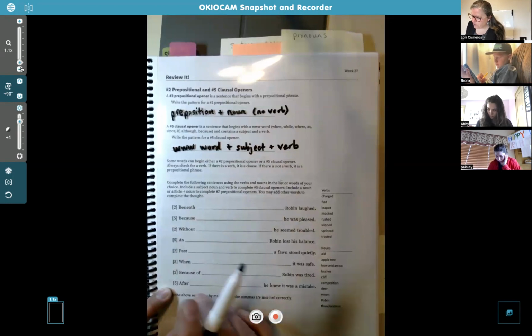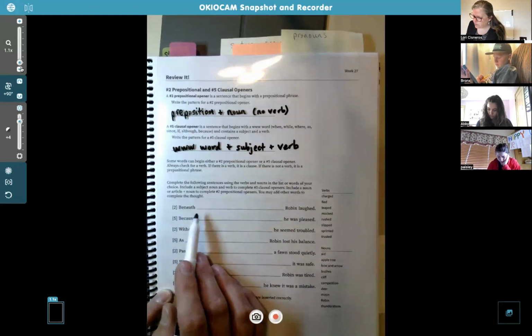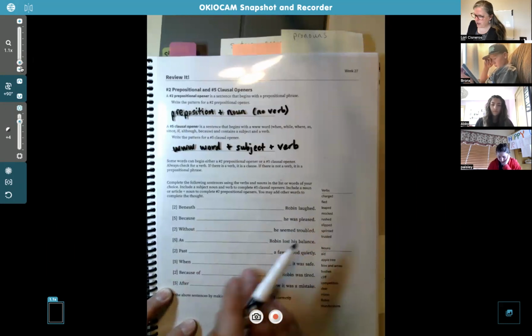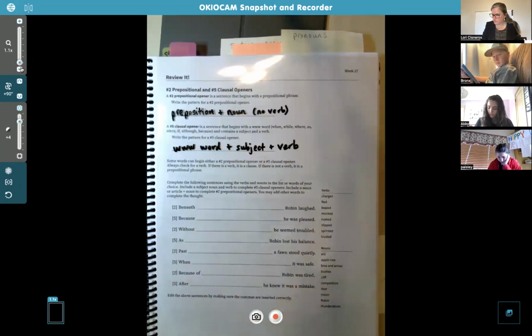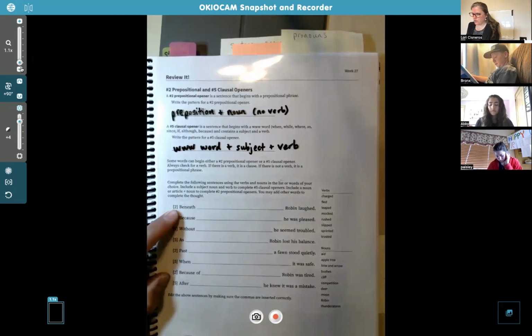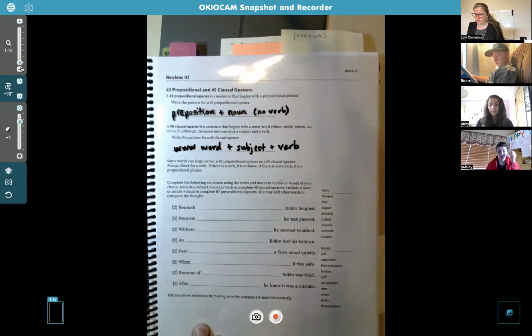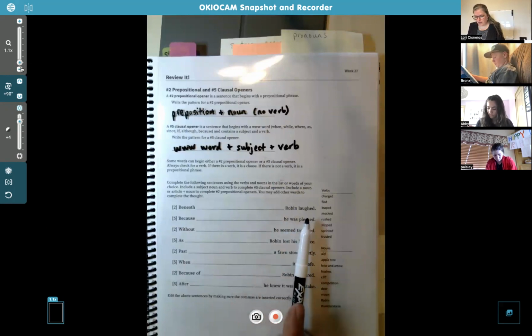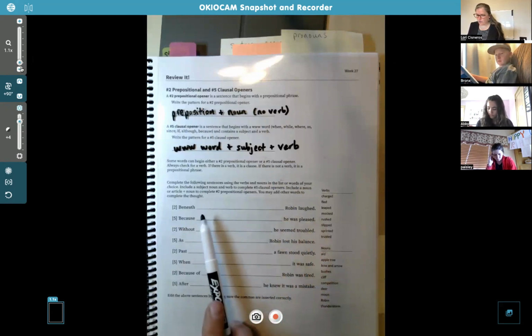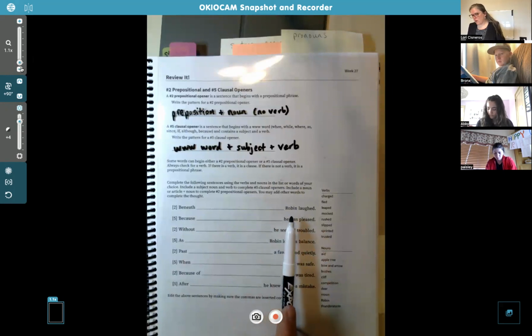So here it starts with beneath blank, Robin laughed. So beneath is a preposition. And remember the prepositional phrase, because that's what they want here, number 2, does not have a verb. So it could be something like beneath the tall cliff, Robin laughed. Beneath the rising sun, Robin laughed.